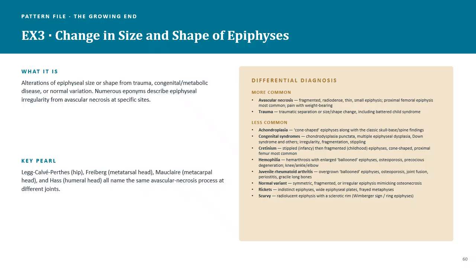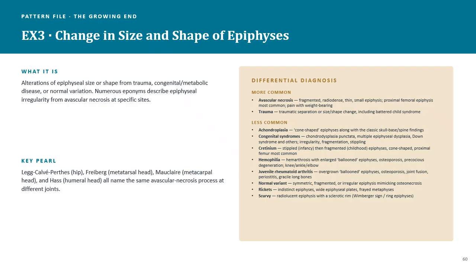If it's happening in the hip, it's called Legg-Calvé-Perthes disease. If it's happening in the heads of the metatarsals, it's called Freiberg disease. In other joints, there are some other names. But again, the major cause of these changes in size and shape is avascular necrosis. Now, there are some other congenital and metabolic diseases, congenital meaning they were born with it, that can make that epiphysis look abnormal.